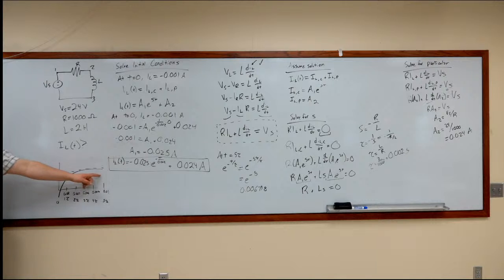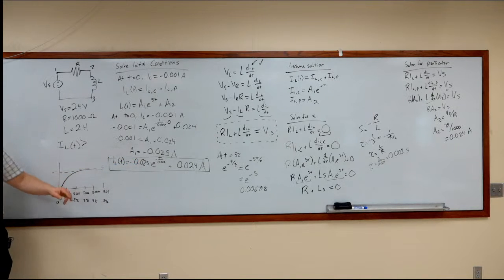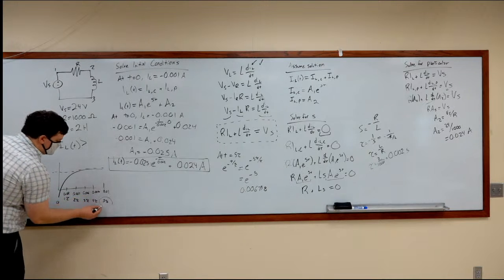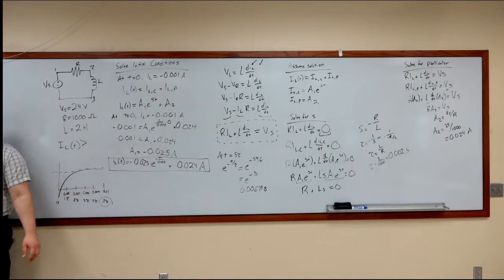At 5 tau, it is almost steady state. Unfortunately, this function never actually reaches steady state, but at 5 tau, we consider this to be steady state. So here, since tau is equal to 0.002 seconds, this will reach steady state in about 0.01 seconds.